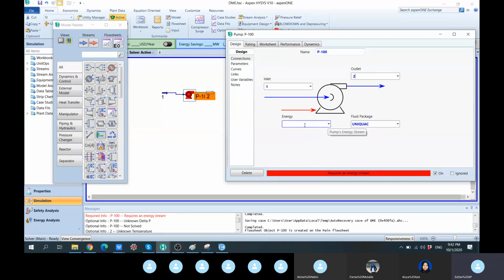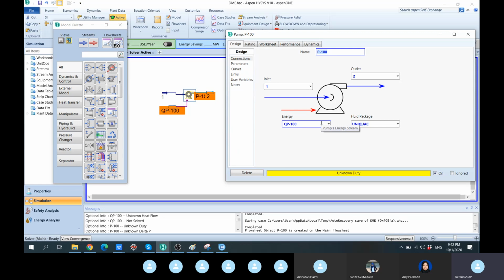And then the energy stream is QP100, since the name of the pump is P100 by default. You can change it to what you want, but in this particular case I'll just leave it as it is. So we have all the stream connections, inlets, outlets, and the energy connections.